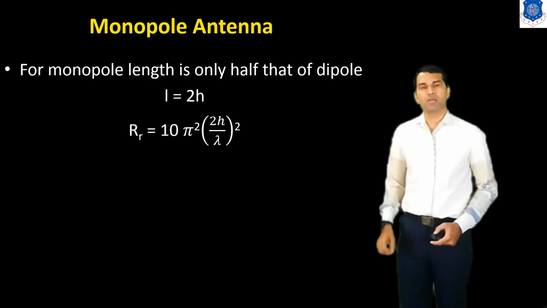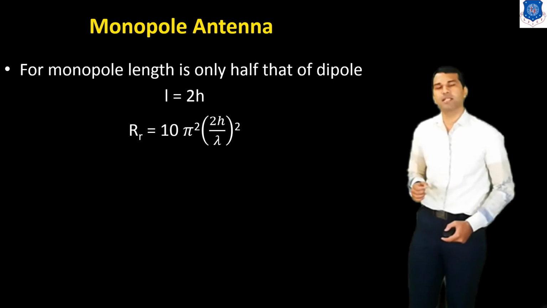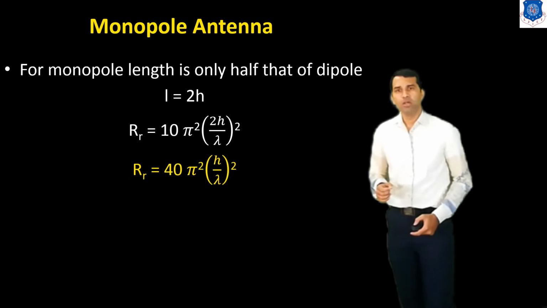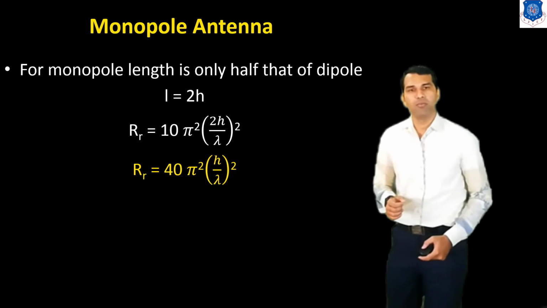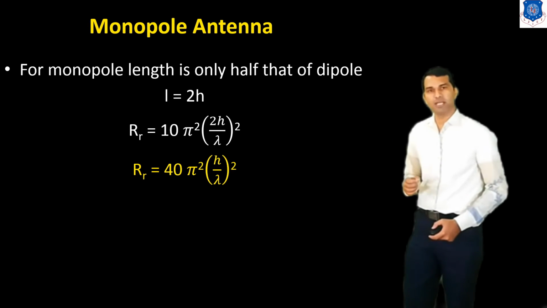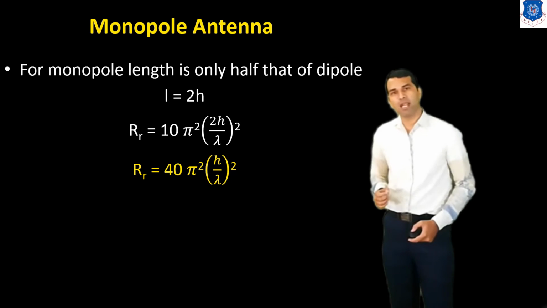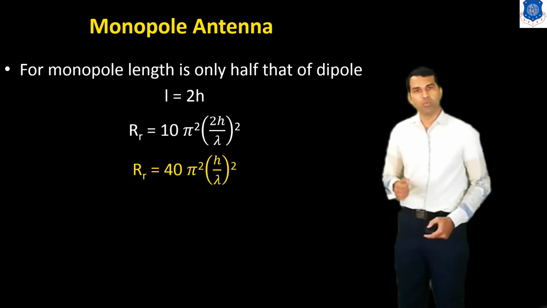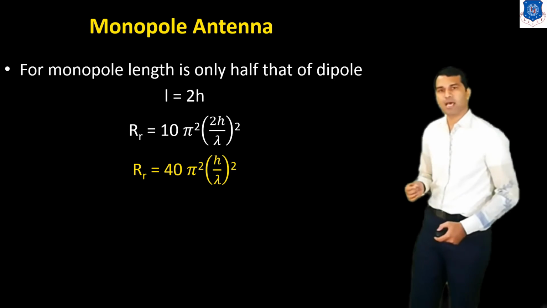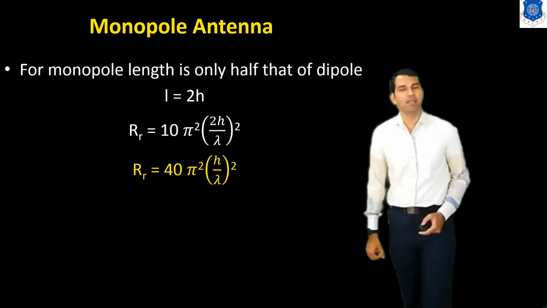Now we substitute that value in the radiation resistance equation. Instead of L we put 2h. So we get the radiation resistance RR is equal to tan pi square 2h by lambda square. So we get radiation resistance RR is equal to 40 pi square h by lambda.